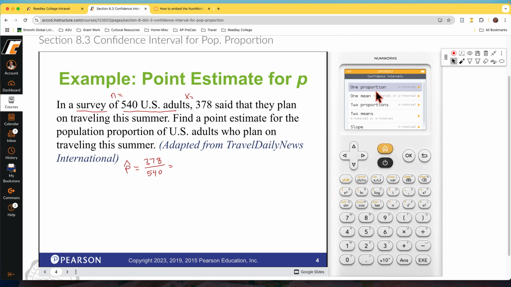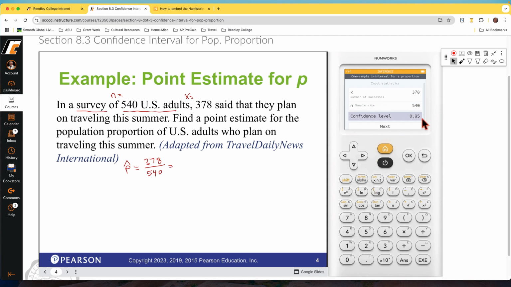We've already done these. We're now doing the one proportion, and all we'll be using is a z interval here. Because we're going to see that the point estimate from the sample, if the sample's large enough, is going to be approximately normal. So this is where we put our x value, 378, and our sample size, 540.